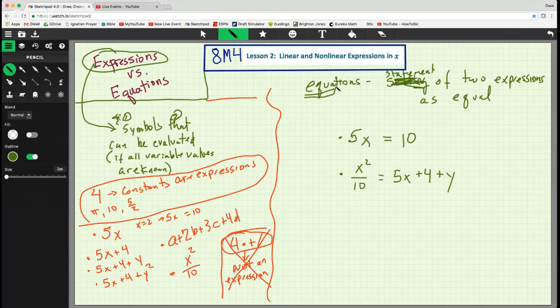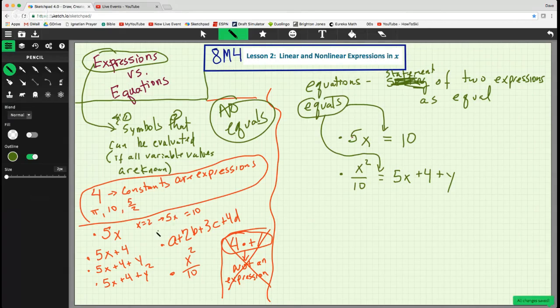Look at the equations. What do you see here? We see the equals sign. So if you see an equal sign, then you're talking about an equation. Over here, there is no equals.